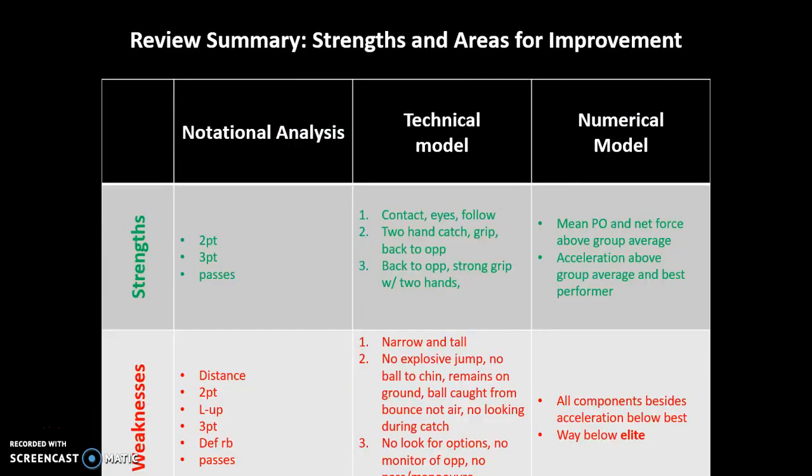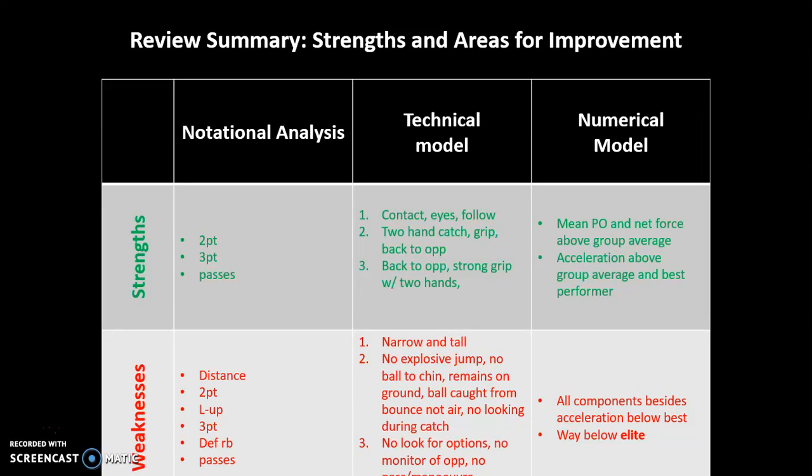So notational analysis. Overall, the good aspects of this were that your 2 points scored were above the group levels. You did score a high number of 2 points compared to the group, and you missed fewer 2 points than the group average, which is good.